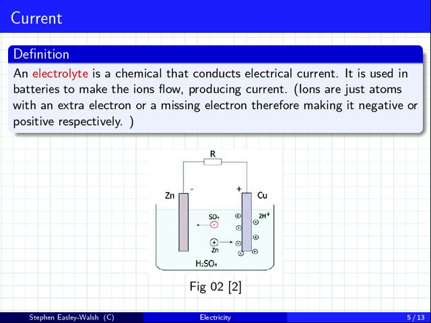That means the one with the cation, copper, is the anode and zinc... I thought this was the cathode, and this is the anode. I think I'm right. This one is the cathode, and this one is the anode.